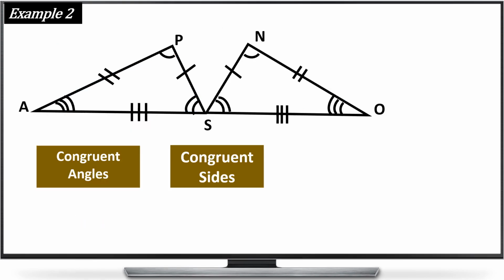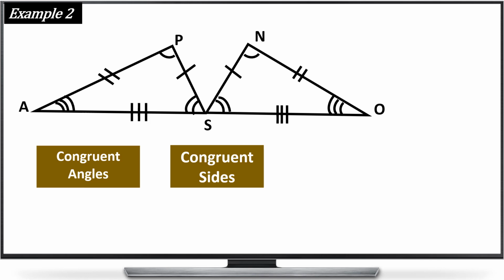Let's consider this second example. Our task is to find the corresponding angles and corresponding sides of these two triangles. So, para sa atin, madali na po natin malaman kung ano po bang kanilang magiging corresponding parts. Hahanapin natin yung kanilang kapartner.